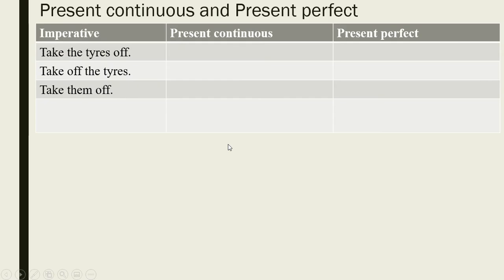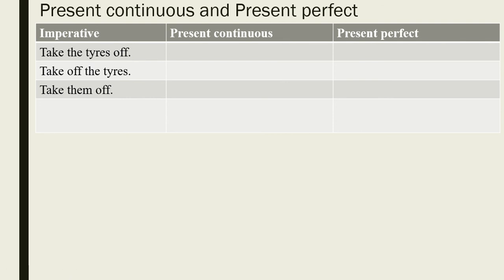Okay, now let's move to our last objective, which is to respond to instructions using present continuous to express what we are doing, or use present perfect to express what we've done. Here we have instructions.